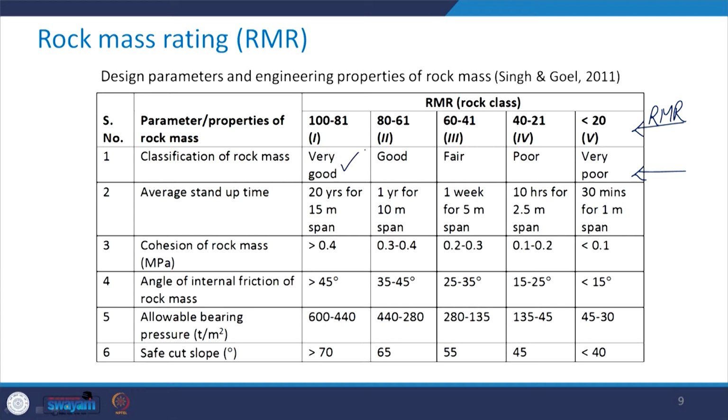So, we can say that the rock mass is of very good quality. If it is 61 to 80, it is good quality rock mass. Between 41 to 60, fair quality. 21 to 40, it is poor quality, and if the rock mass rating works out to be less than 20, then the rock mass quality is said to be very poor.